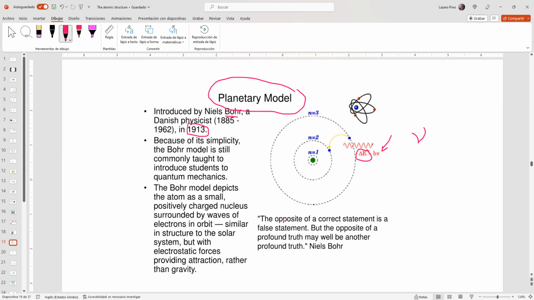Well, let me stop here. What you need to remember: Bohr represented the atom using the planetary model, where the nucleus was in the center and around it the electrons were spinning in very specific orbits. And every orbit has a specific energy.